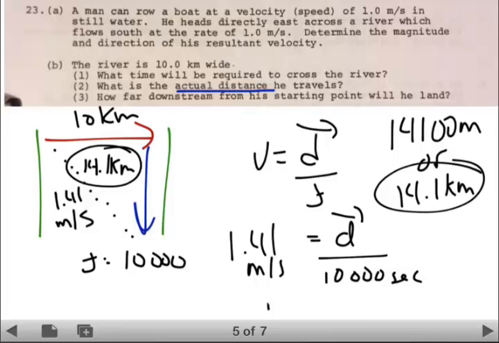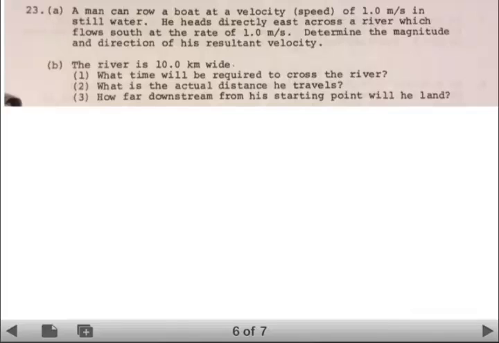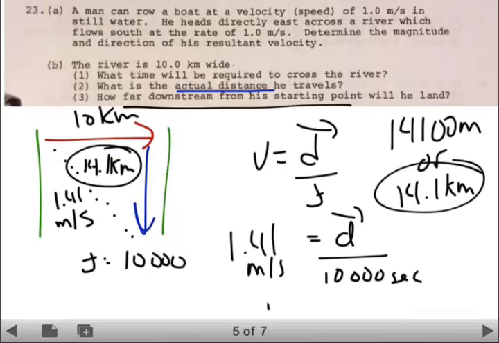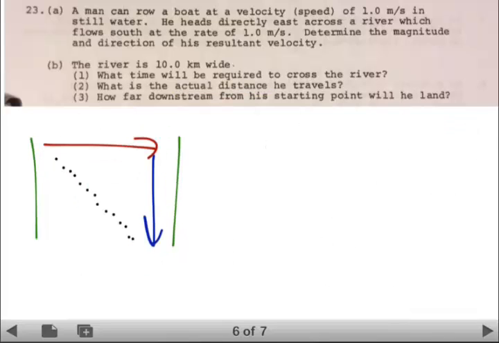Speaking of the path he was hoping to be on, we have how far downstream from his starting point will he land. So let's take a look. Here's our shores again. Here's our guy. Here's the water. We know this distance, okay, we just found it. We found it to be 14.1 kilometers.